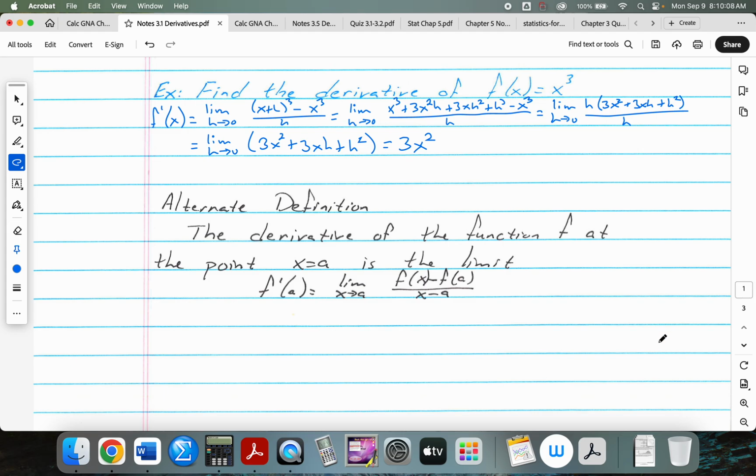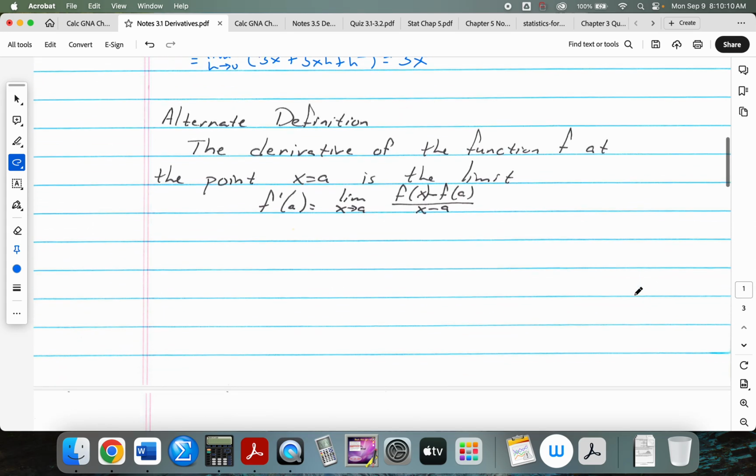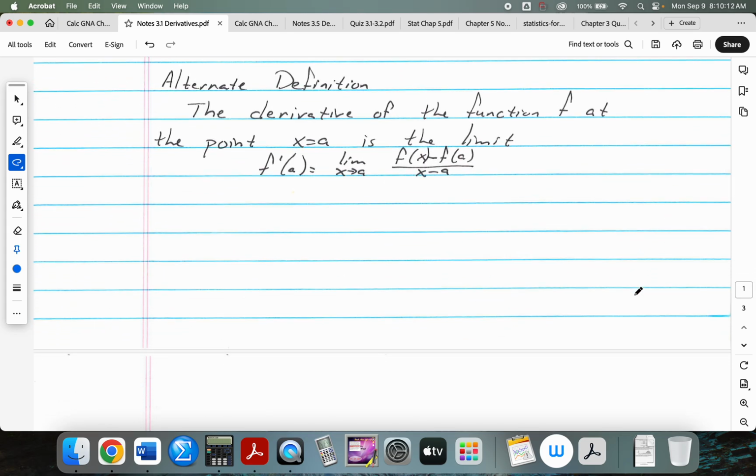Okay, now there's an alternative definition that's occasionally useful. It says the derivative of the function f at the point x equals a is the limit given by f prime of a is equal to the limit as x approaches a of f of x minus f of a over x minus a.